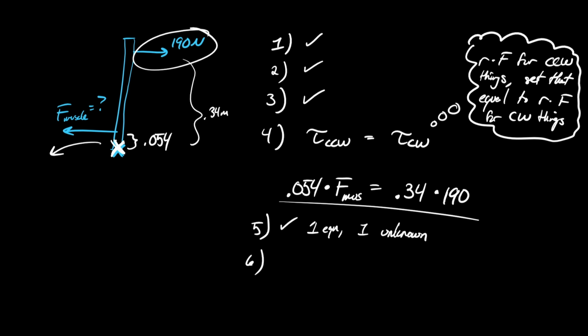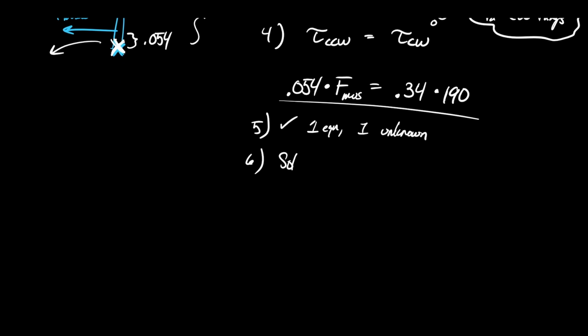And again, step 6 or 7, depending on if you count the ripcord as a step that you do every time, is to solve. Right? You've passed the check that you've done all the physics required. It's just going to be algebra 1, maybe a system of equations. So in this case, I just divide both sides by 0.054. Let's see.